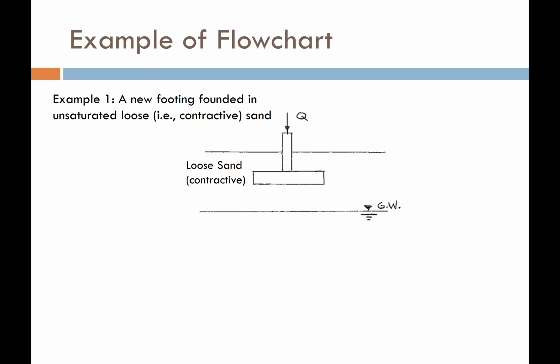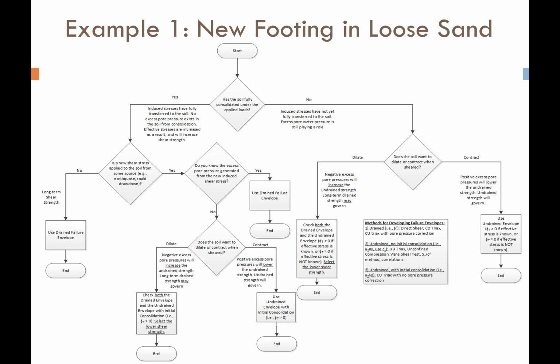Should we use the drained shear strength parameters, or should we use the undrained shear strength parameters? Now the answer to this may seem obvious because we're above the water table, so of course we're going to use the drained parameters. But let's show how this flowchart might be useful to answer this question. So we're going to start, and we're going to go down to the first question.